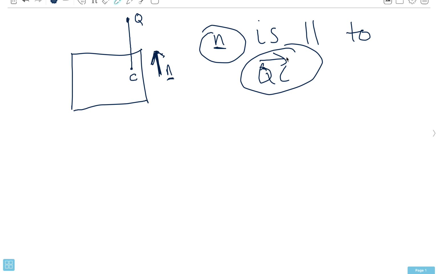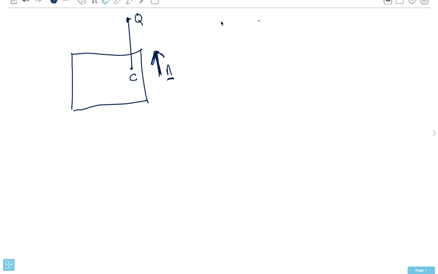So we need to change this in terms of position vectors. Remember that the thing we're trying to do now is find the distance from Q to C. So that's our main goal. And we've just found out that the normal vector is parallel to this vector that we want to find the distance for.